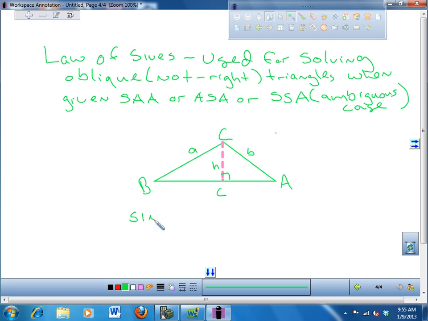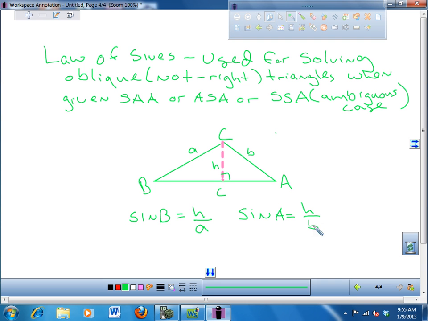What's the sine of B equal to? Opposite over hypotenuse, which is what in this case? H over A. Okay.